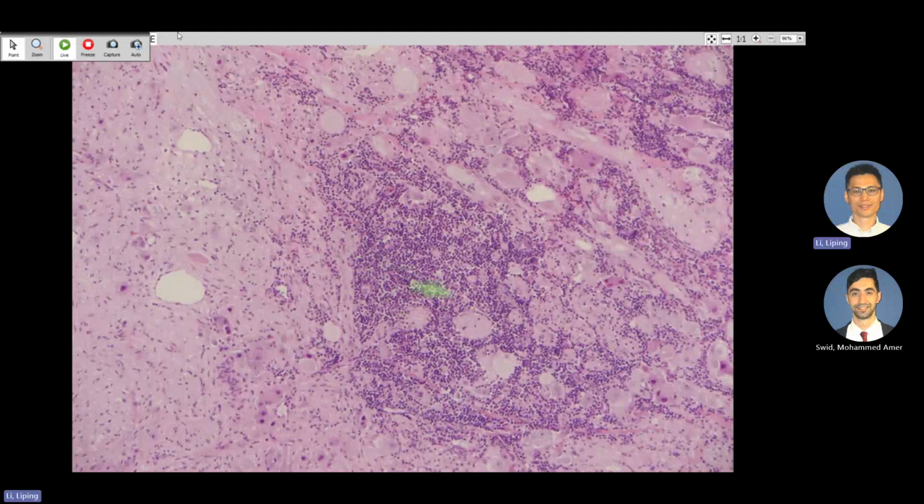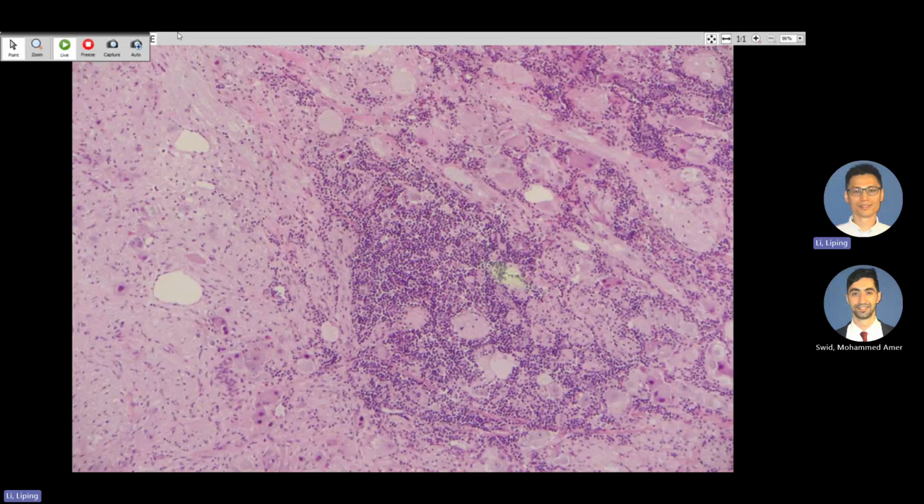But if you're not sure, you can do some staining, because our neuroendocrine marker can really easily pick out the lymphocyte from the neuroblast. So this is another ganglioneuroma. So, this is one case.